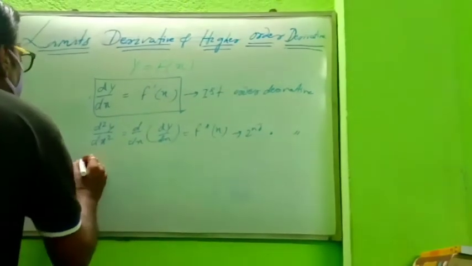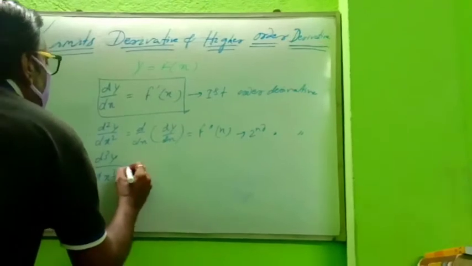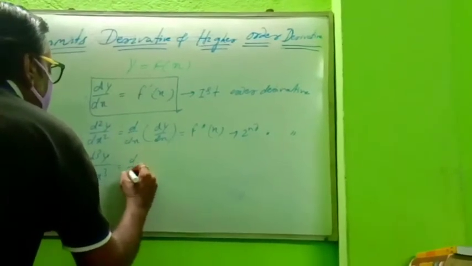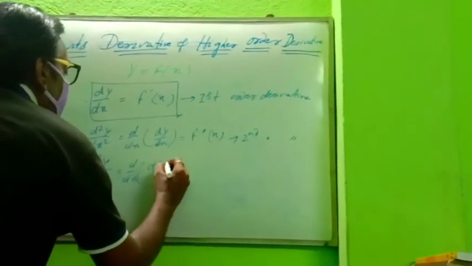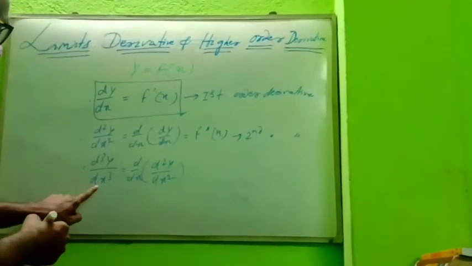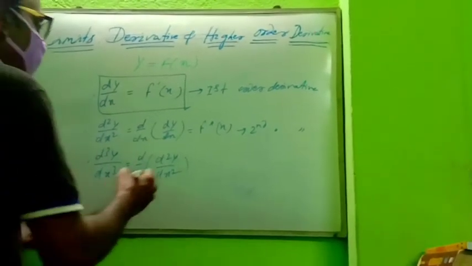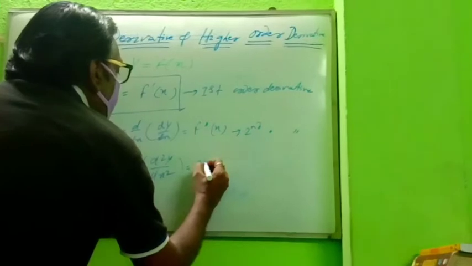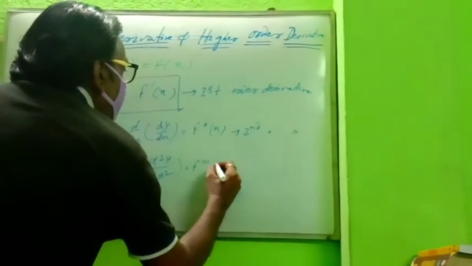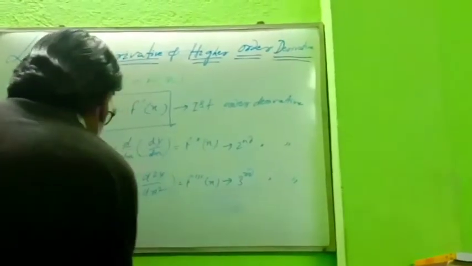Same process, d cube y by dx cube. This will be d by dx of second order derivative. This one is third order derivative, derivative of second. This will be f triple dash x. This is called third order derivative.